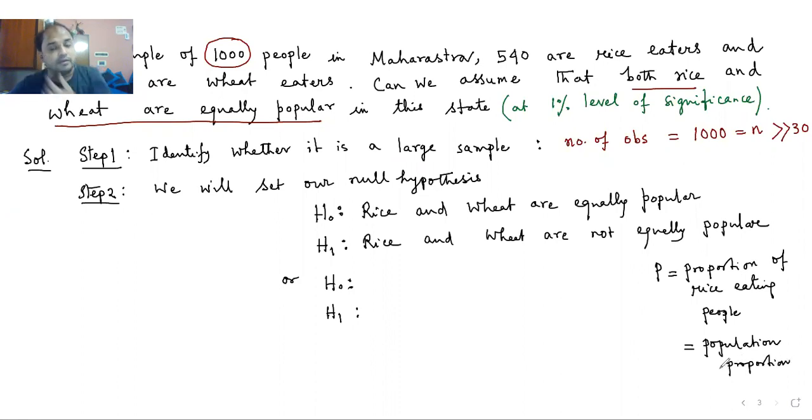Now when we hypothesize something, we hypothesize not on the basis of the sample. We hypothesize on the basis of the population. In the previous problem, we said that the die is unbiased.